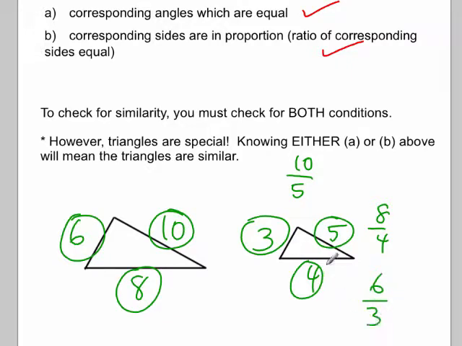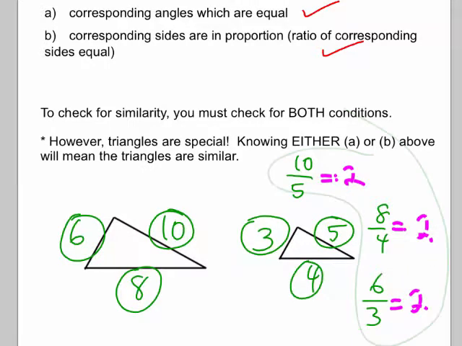If all of the ratios come out the same, which I can see that they do, a ratio of 2, meaning that one figure is twice the size of the other, then knowing that the sides are in proportion, with triangles only, I would therefore know that corresponding angles were equal. And the reverse is true as well. If I knew that the three angles in one triangle equaled the three angles in the other, then I would know that the sides are in proportion.